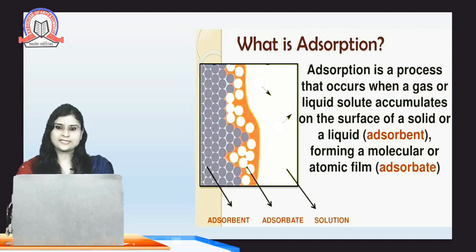Adsorption is a process that occurs when a gas or liquid solute accumulates on the surface of a solid or a liquid, that is the adsorbent, forming a molecular or atomic film, that is the adsorbate. In the diagram you can see the green molecules showing the adsorbate, a film they are creating on the surface of the solid or liquid.